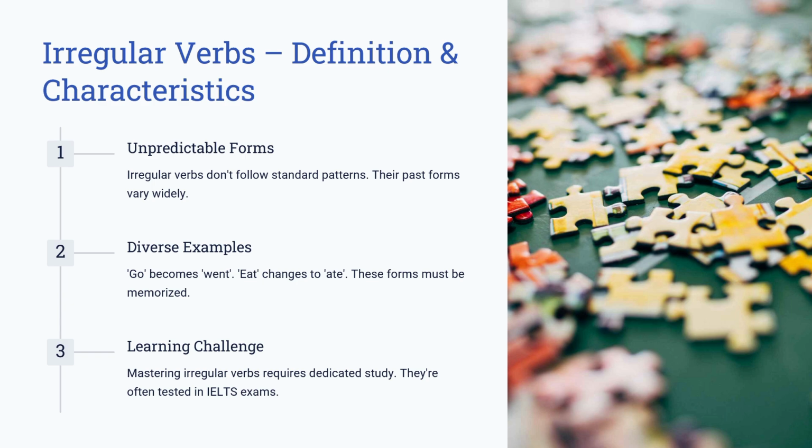Similarly, eat becomes ate in the past tense and eaten in the past participle. As you can see, there's no simple rule to follow here. Because of their unique form, irregular verbs need to be memorized individually. There isn't a one-size-fits-all rule here, which is why it's important to familiarize yourself with the most commonly used irregular verbs as you build your vocabulary.